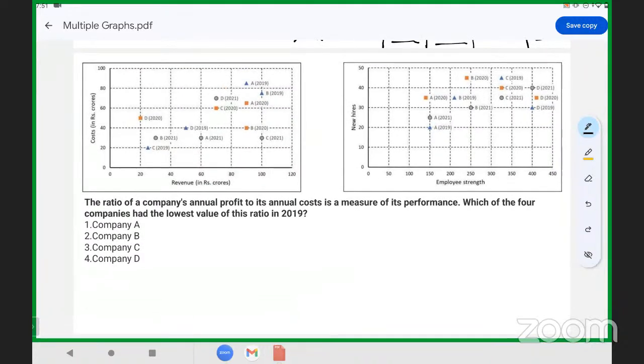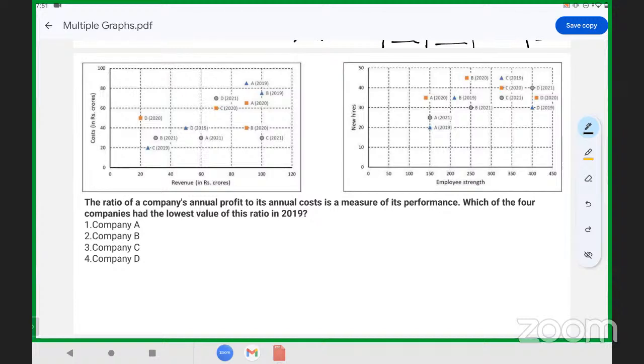Okay. The ratio of a company's annual profit to its annual cost is a measure of its performance. Which of the four companies had the lowest value of this ratio? Okay, company's annual profit to its annual cost.